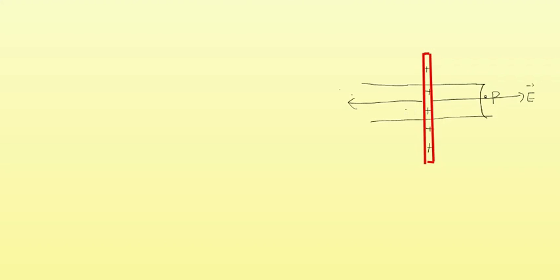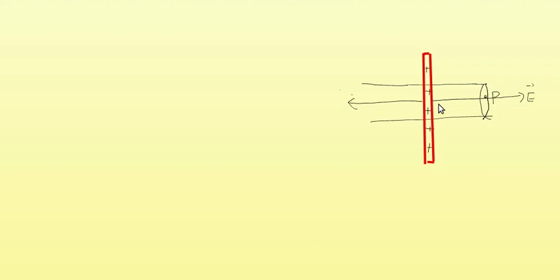Then we want to find the electric field at the point P, and for finding this electric field we are constructing again a Gaussian surface. Here we are constructing a Gaussian cylinder. So P is a point on the closed face of the Gaussian surface.